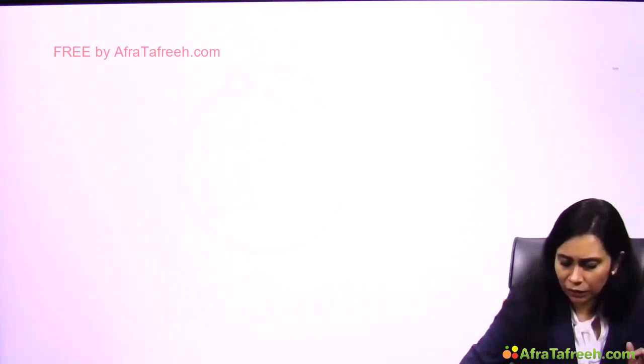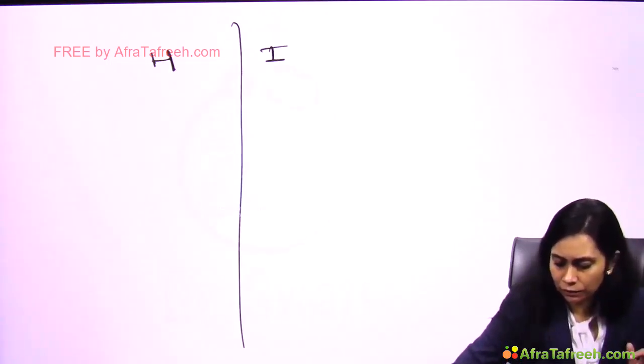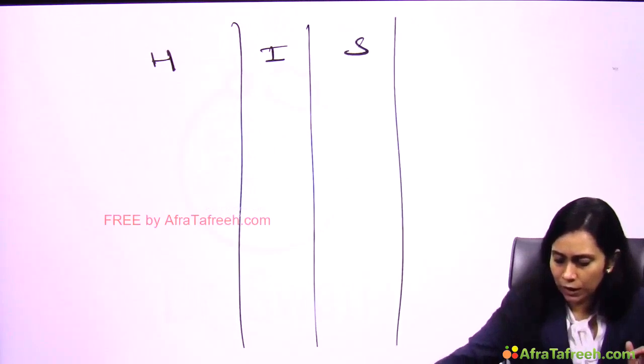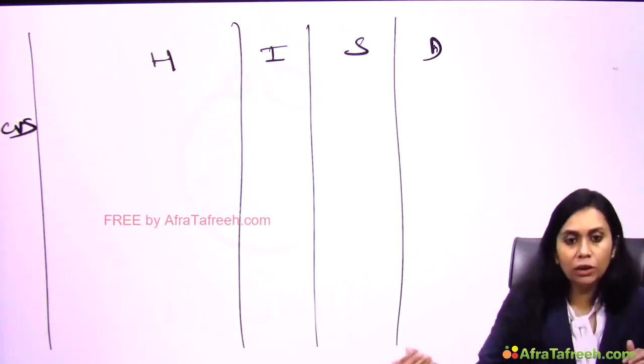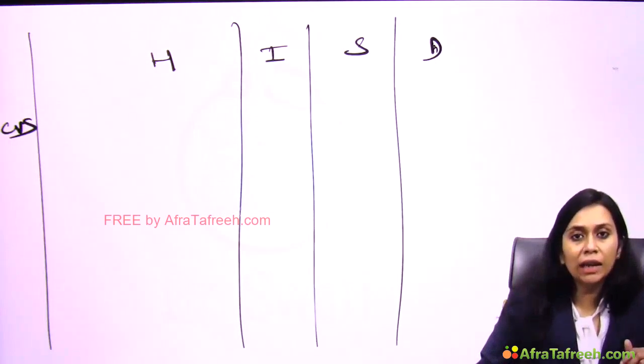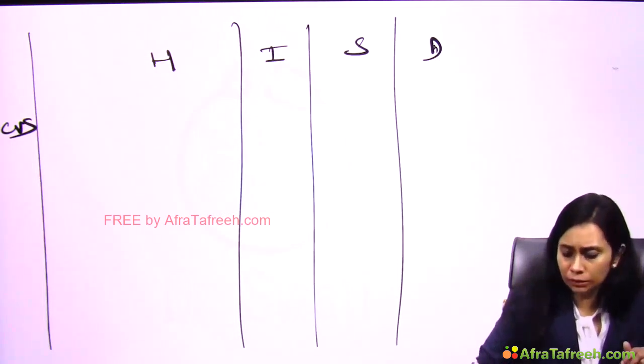Among the 4 agents written on the screen, only halothane has a direct effect on heart. It is a direct myocardial depressant. Okay, so let us discuss. We are discussing halothane, iso, sevo and des, and the cardiovascular system. I told you, only halothane has a direct effect on heart. What does halothane do?